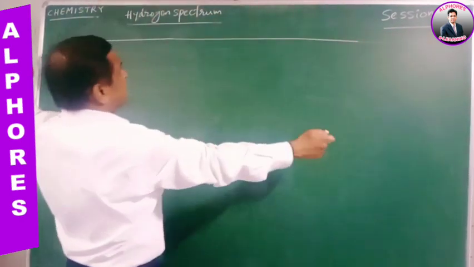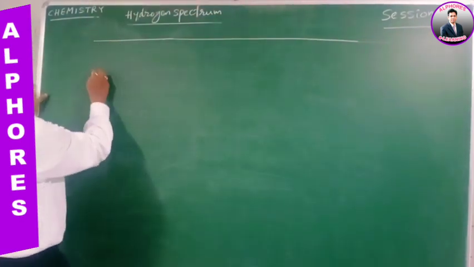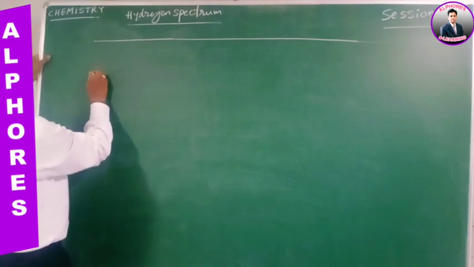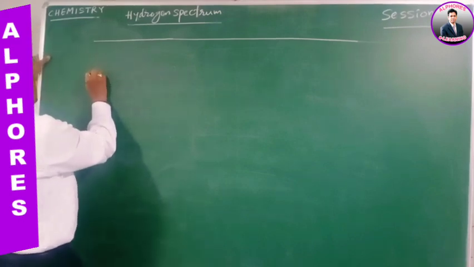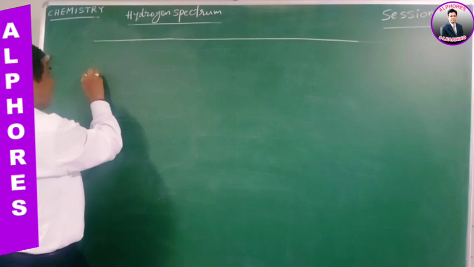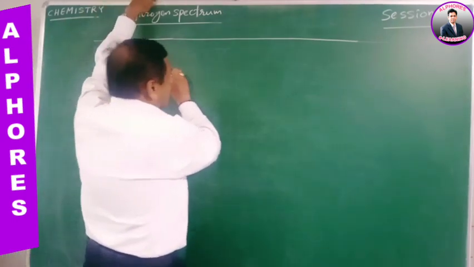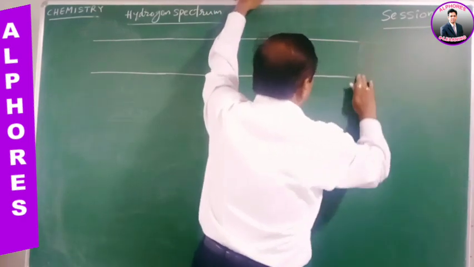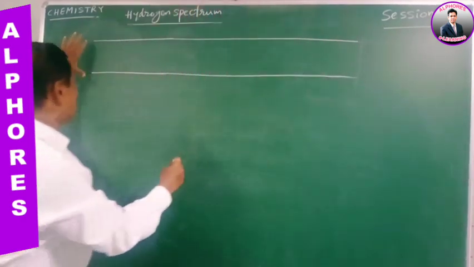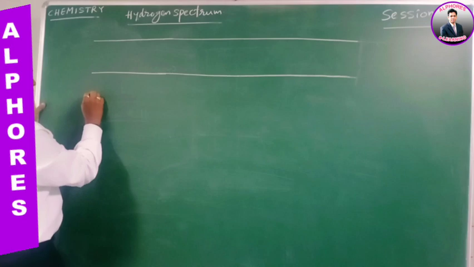This is the excited state, a higher energy level. Next, let us gradually decrease the gap between the spectral lines.